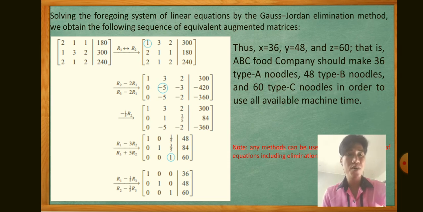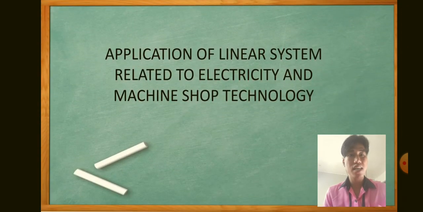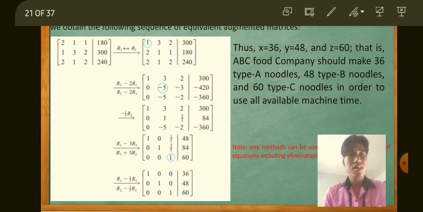Here, we just put the equations in the matrix. You need to get the identity matrix, and in order to get the identity, you must use operations on the matrices.